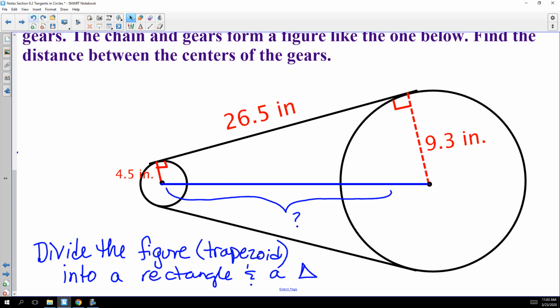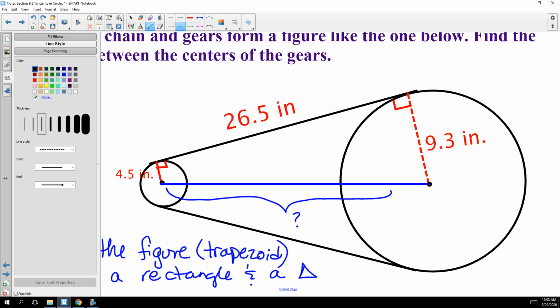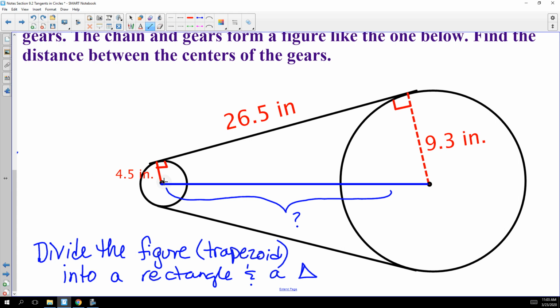I need it to be parallel to the tangent line so that it'll make a rectangle. So I'm going to make it green, and I'm going to start at one center and draw it so that it's parallel to the 26.5 inches that's the tangent line, and make a rectangle like that.